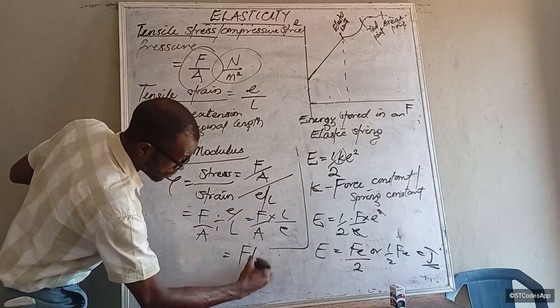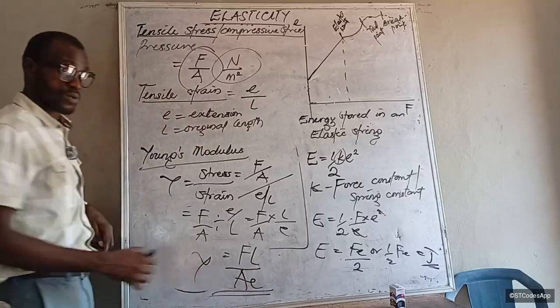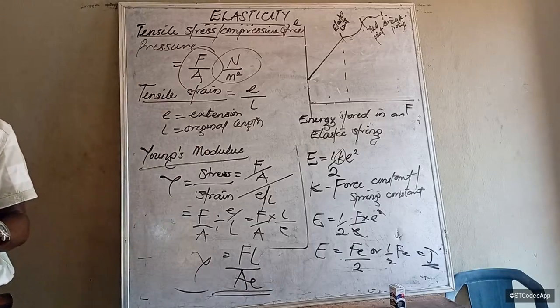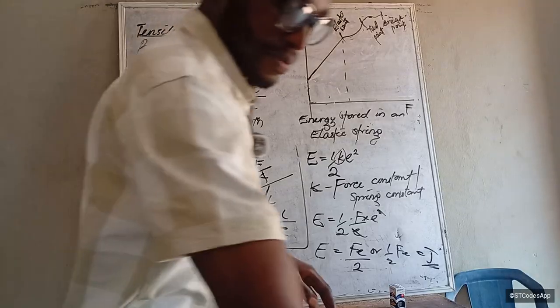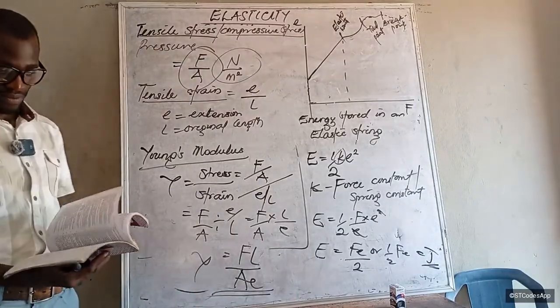The formula becomes FL over Ae. That's the formula for Young's modulus. Alright, let's pick some questions. That's all.